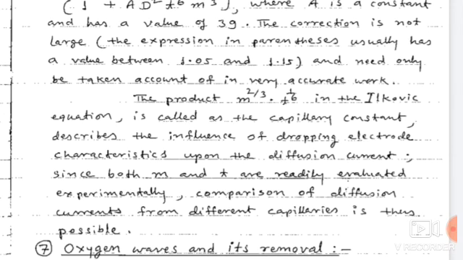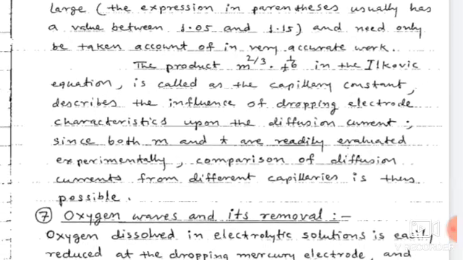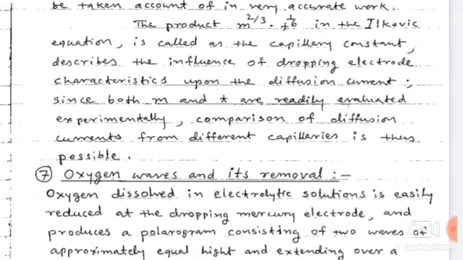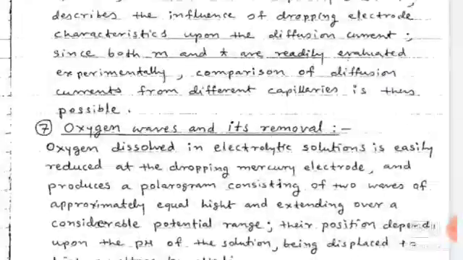The product m to the power 2 by 3 and t to the power 1 by 6 in the Ilkovic equation is called the capillary constant and describes the influence of the dropping mercury electrode characteristics upon the diffusion current. Since both m and t are readily evaluated experimentally, comparison of the diffusion current from different capillaries is thus possible.